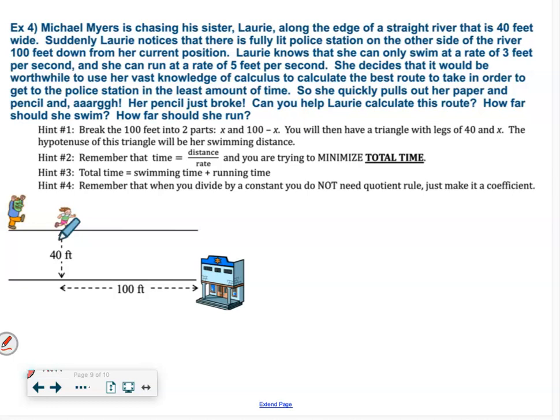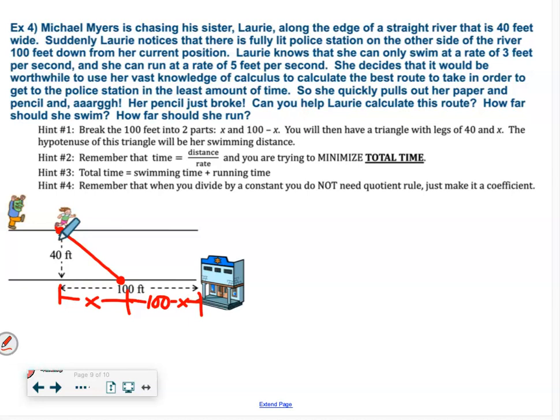So I'm going to break this 100 feet into an X and a 100 minus X. This distance, from here to here, is X. This distance then would be 100 minus X. Once you do that, you can create a triangle from Lori to that spot. So the legs of the triangle would be 40 and X.